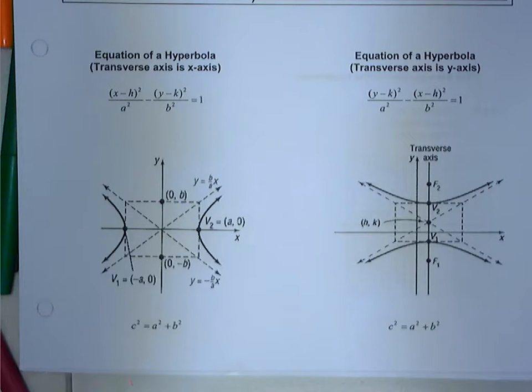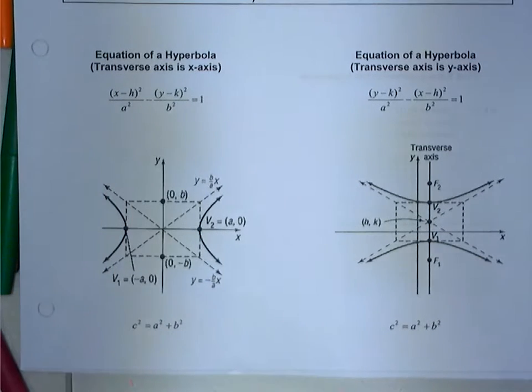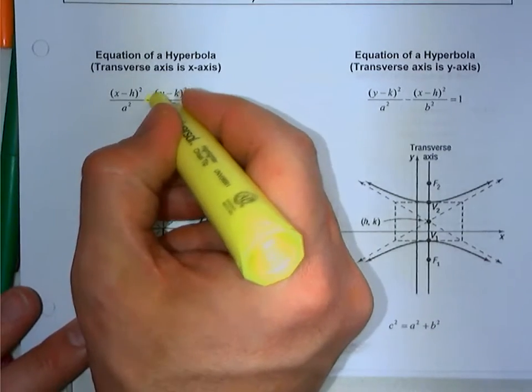But there's one subtle little change with the ellipse and the hyperbola. Nick? Negative. Yeah, so it's a fraction minus a fraction this time. In ellipses, it was a fraction plus a fraction. Okay, so that's the big change here, is that there's a minus in between.